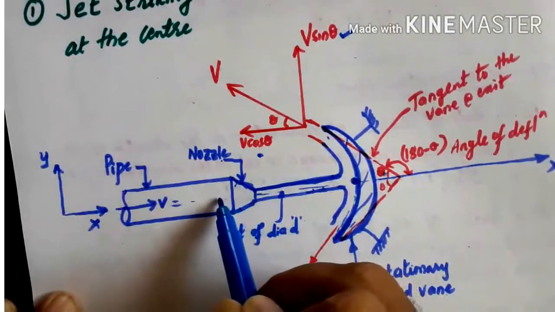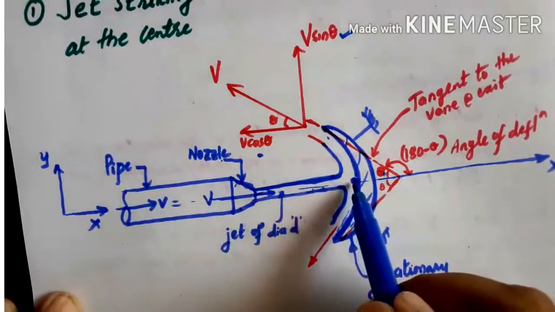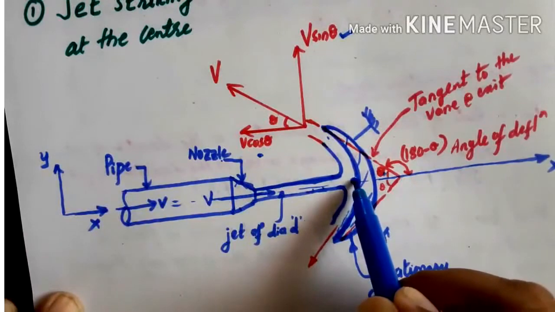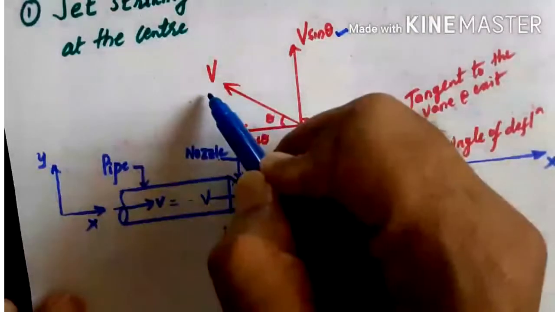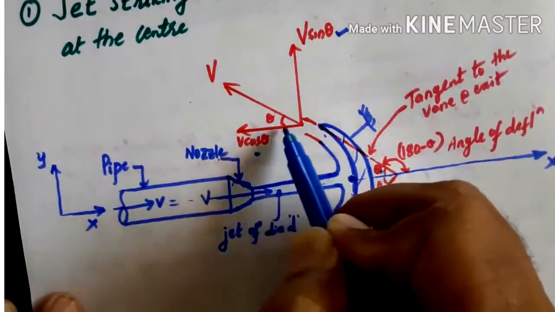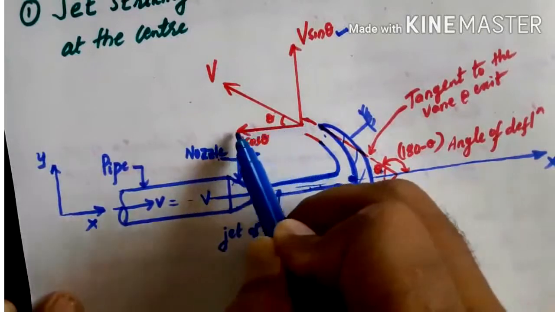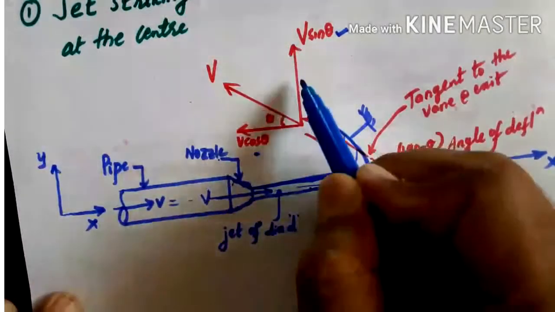So this jet is coming with a velocity v and striking the vein, and it is going out of the vein with the same velocity v, making an angle of theta. When you resolve this, we get two components. One in the direction of jet, the other perpendicular to the direction of jet.